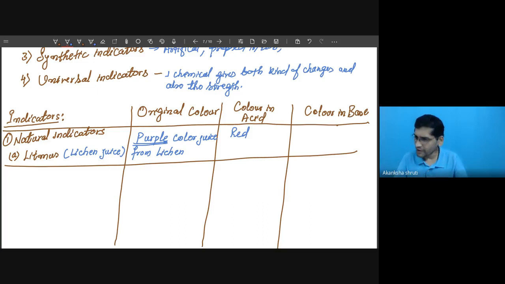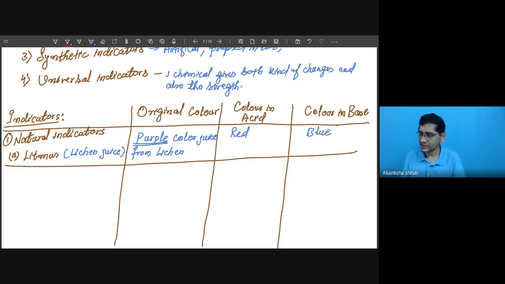If it is in the form of litmus paper, then litmus paper itself is not sufficient to indicate the color, so it is produced in two colors. One is called red litmus paper, and another is blue litmus paper. If you add this purple litmus juice into the base, it will give you blue color.